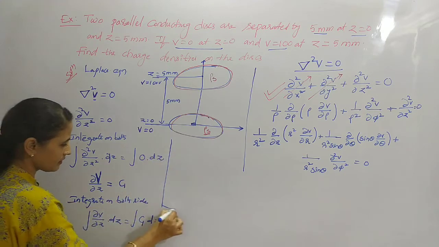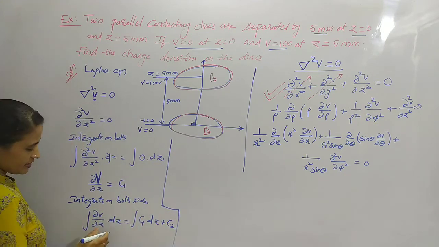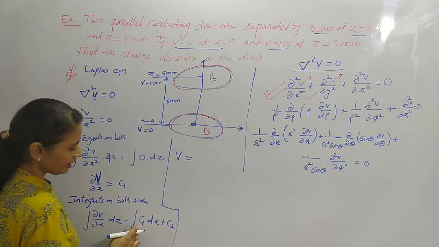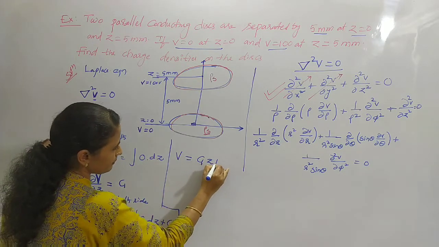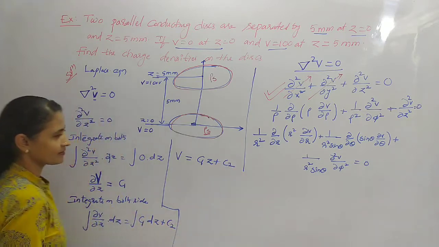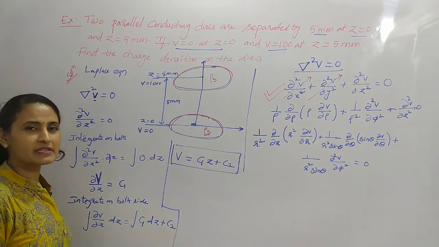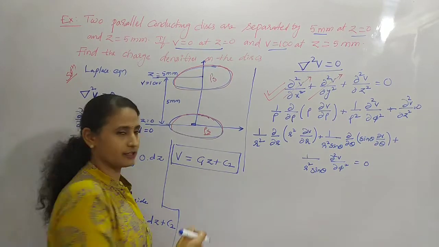The integration gives V equal to C1 into Z plus C2. We have got the value of V in terms of the constants C1 and C2.